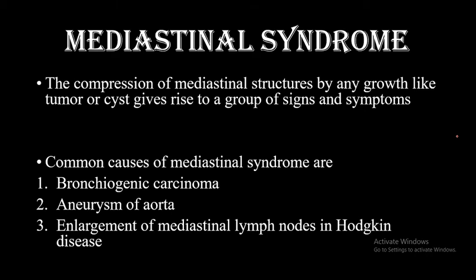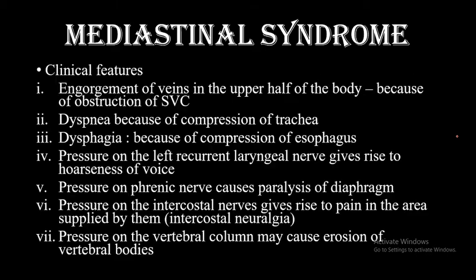There can be aneurysm of the aorta, which is very common. Then there is enlargement of the mediastinal lymph nodes in a disease which is called as Hodgkin's disease, which will result in a series of symptoms which will be assembled as mediastinal syndrome here.